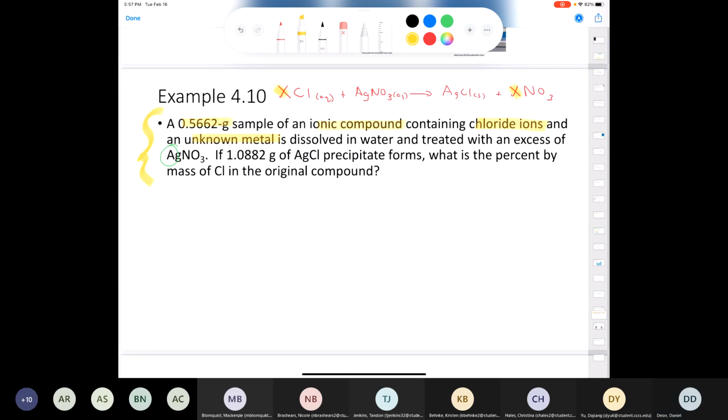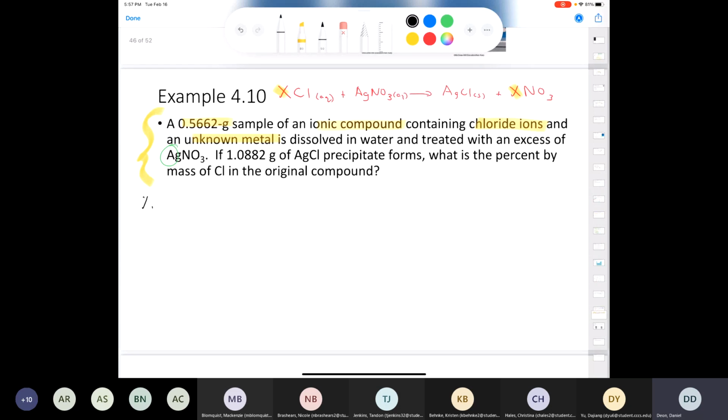All right. Now, it tells me that I'm ending up with this much silver chloride. So the first thing I'm going to do is determine the percent of chloride in silver chloride, and then I can multiply that by this mass to determine the mass of chlorine. Watch.